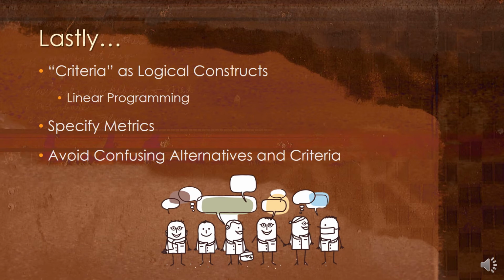We want to make sure that specific metrics are used, not to quantify, but to clarify. Are we actually explaining what we are accomplishing or what we'd like to accomplish with this policy? And then lastly, we want to make sure that we avoid any confusing alternatives and criteria.